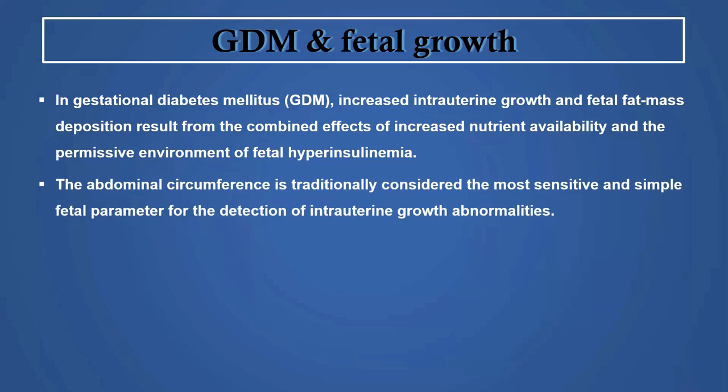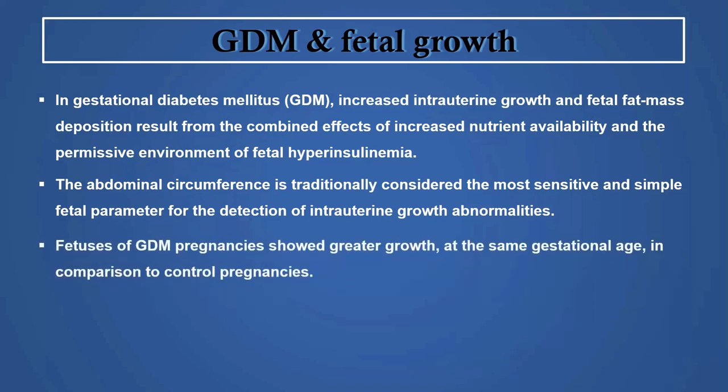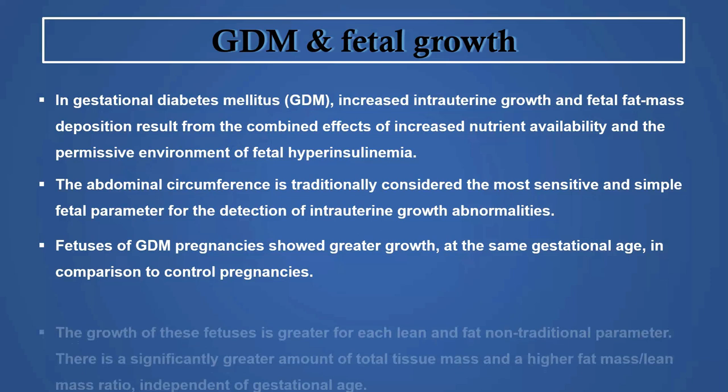The abdominal circumference is traditionally considered the most sensitive and simple fetal parameter for the detection of intrauterine growth abnormalities. Fetuses of gestational diabetes show greater growth at the same gestational age in comparison to control pregnancies.